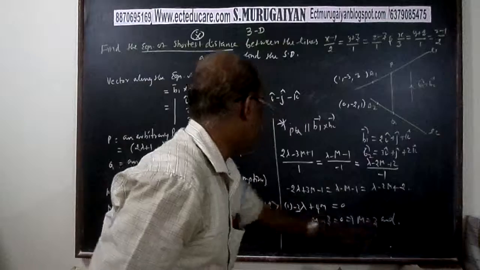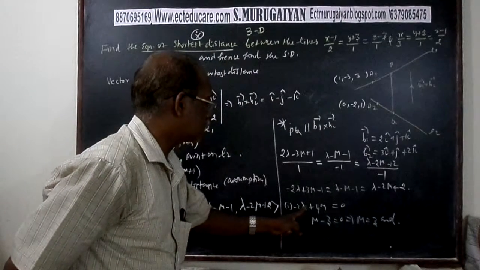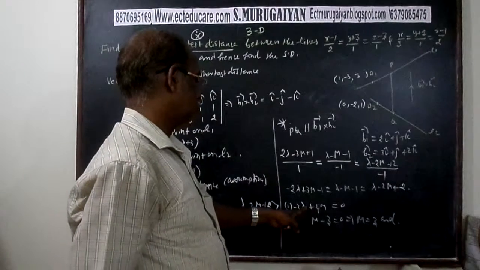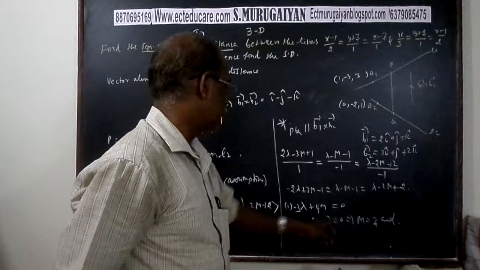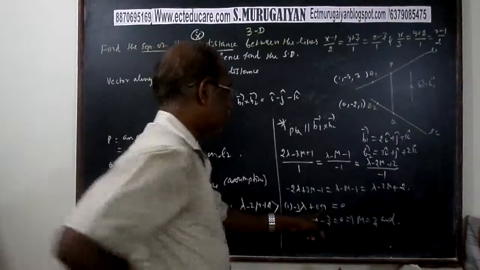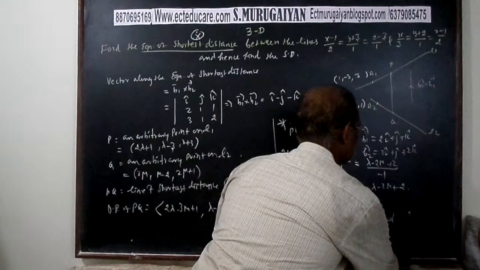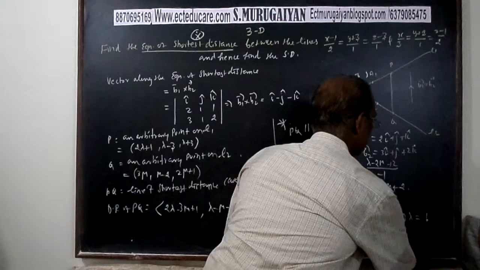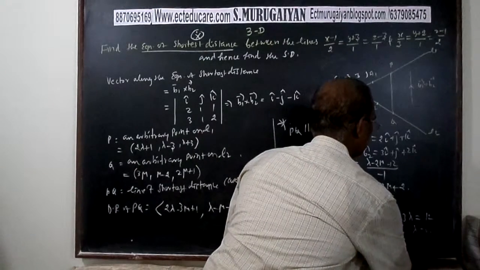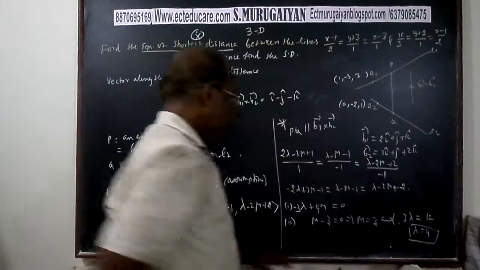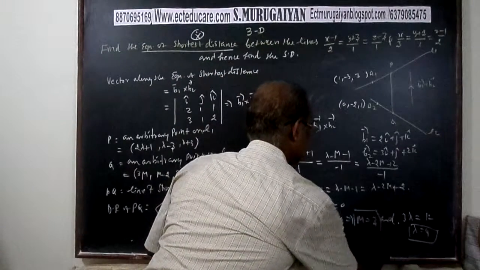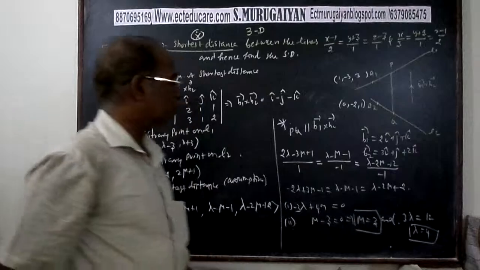So mu equal to 3 means 3 times lambda equal to 3 times 3. Mu equal to 3. So 3 lambda equal to 4 mu. Then 4 into 3, 12. Then lambda equal to 4. Okay. So we have got mu equal to 3 and lambda equal to 4.